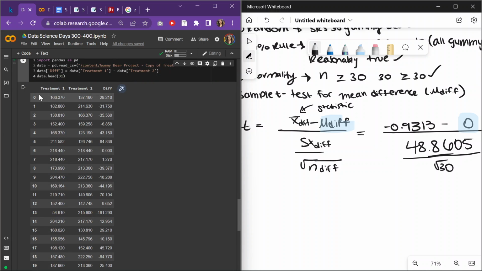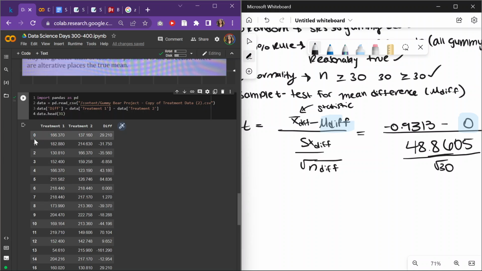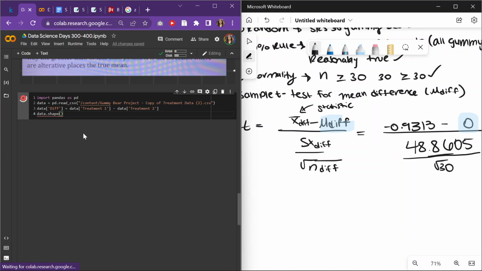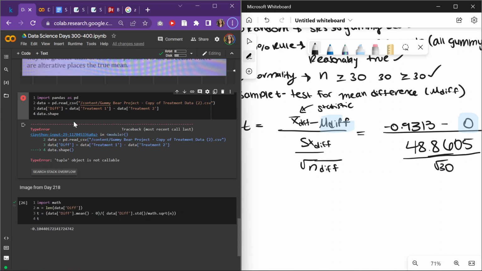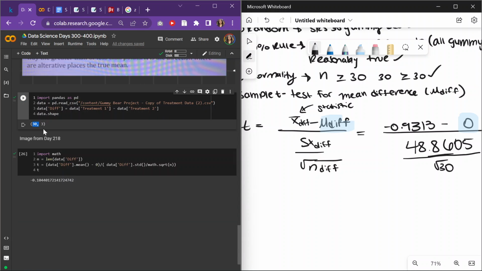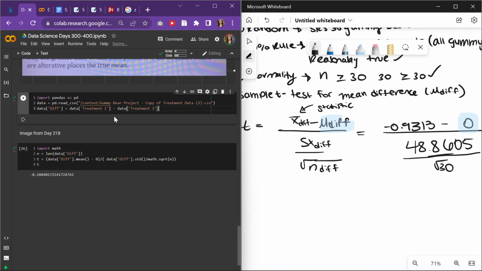Oh, I got so scared, I was like, why is there only 29? It's because Python starts counting with 0. But you could also see the shape here. If you do data.shape, you can see the number of rows and the number of columns. So 30 rows and 3 columns. So you could see that also by doing that. But yeah, that's the idea.